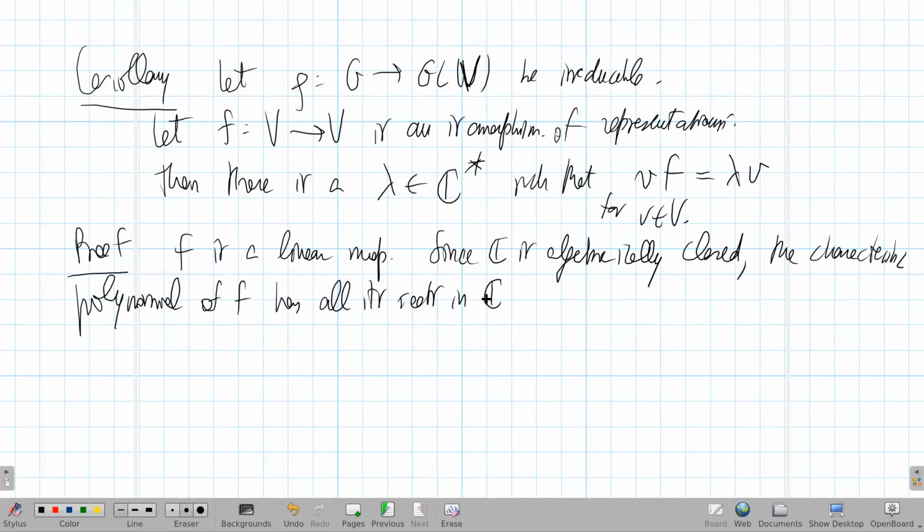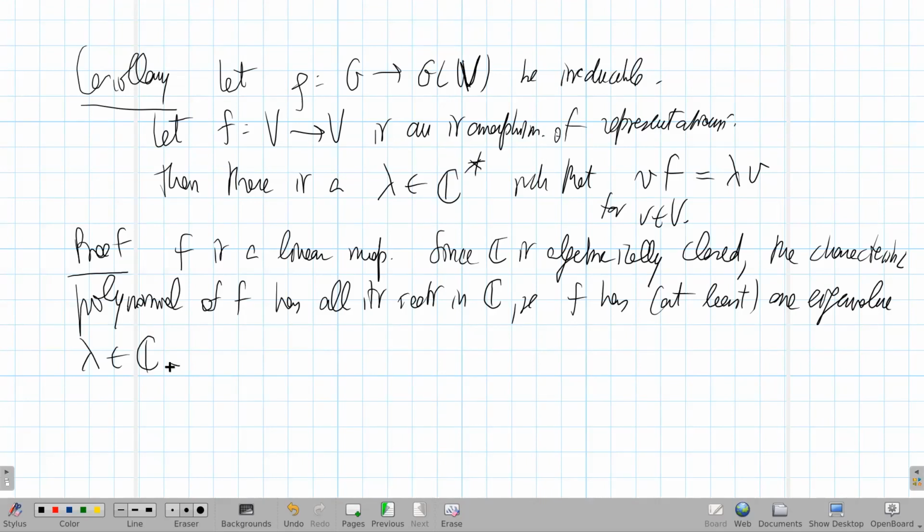Nothing else than the eigenvalues. So F has at least one eigenvalue, lambda, an element of C, okay. It will end up being C star after.